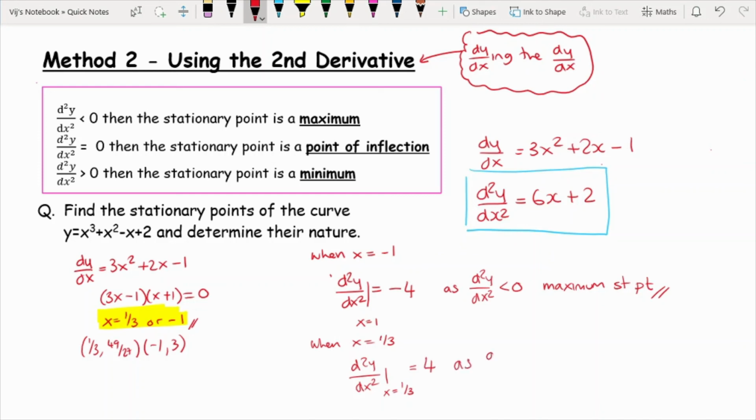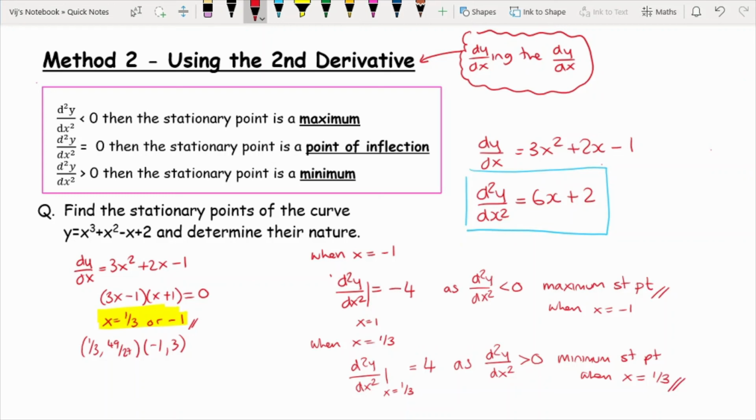So as the second derivative is greater than 0, it's a minimum stationary point. And one thing I forgot to add here is when x equals minus 1, and here it's when x equals a third.